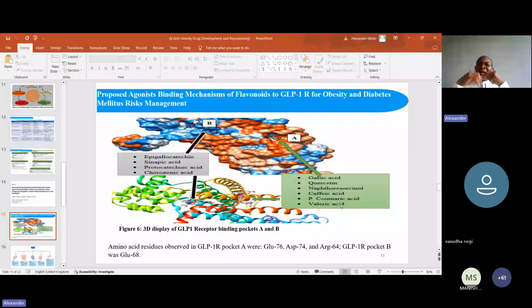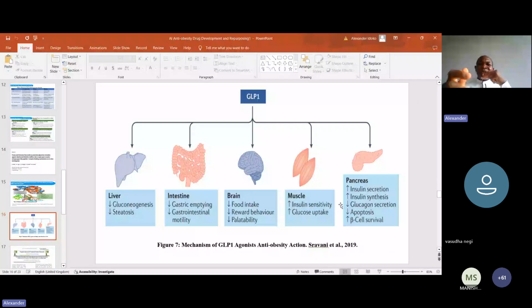And in the brain, acting as agonists on this receptor, they have the ability to reduce food intake, reward behavior, and reduce palatability. And in the muscle, they can improve insulin sensitivity and glucose uptake. While in the pancreas, they can also increase insulin secretion, insulin synthesis, and decrease glucagon secretion and apoptosis, and also improve beta cell survival.